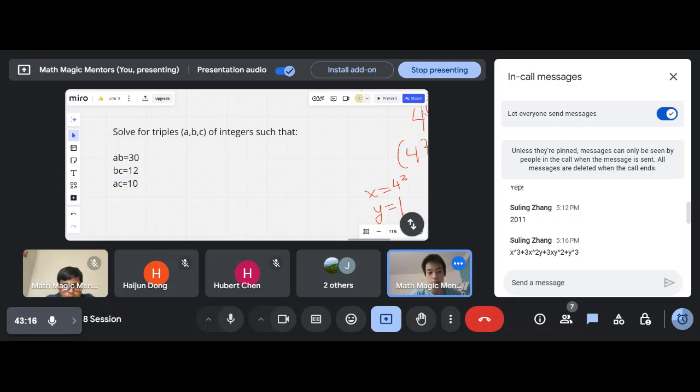Is there anything interesting about this problem? Maybe remember the tactics that we covered in our earlier sessions, like substitution, elimination. Sometimes spotting symmetry will help.